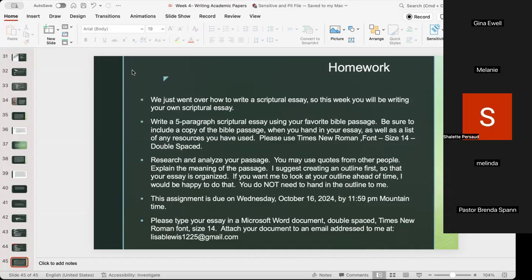When the passage is finished, you put your period and your quotation marks to finish it. After that, in parentheses, you would put the book of the Bible that it came from, for example, Numbers, comma, the chapter and the verse.